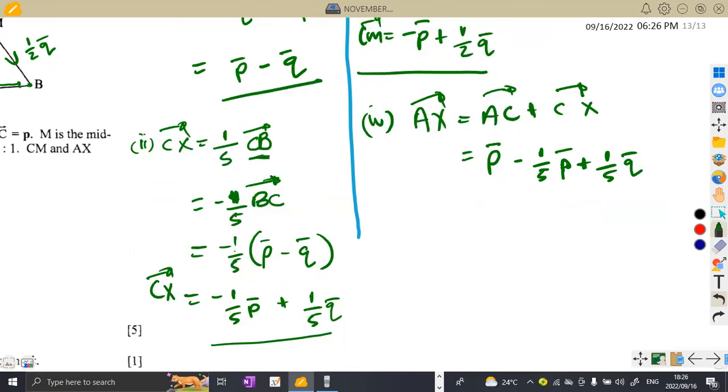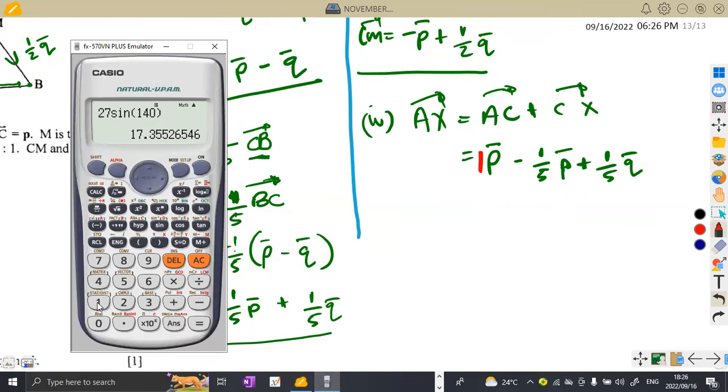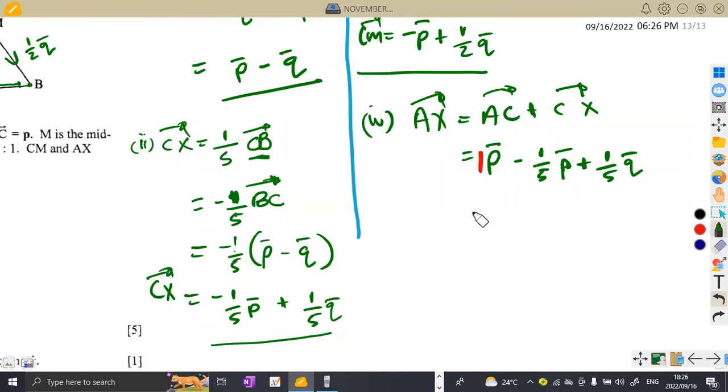So as you can see, these are just whole numbers, guys. So we are simply subtracting like terms, P and P. So it's 1 minus 1/5. You can simply use the calculator as paper 2, 1 minus 1/5 like this. What we get? 4/5.